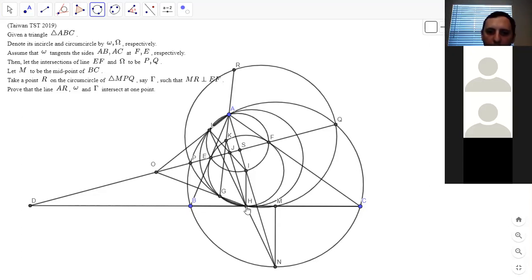We can let the perpendicular from H to EF meet the incircle at K, and we can let KA meet. Oh, but we do need P and Q. Yeah. So we need that circle.